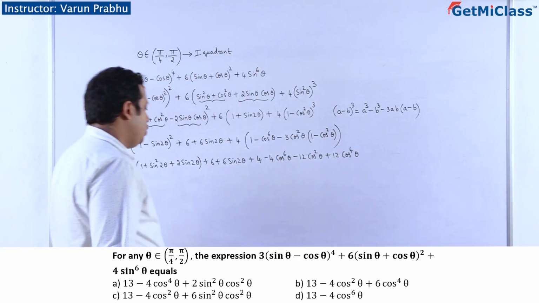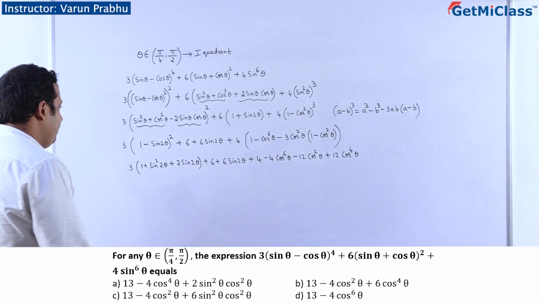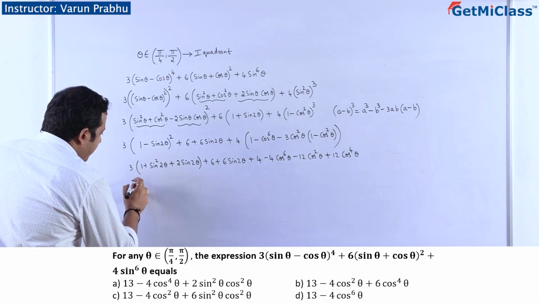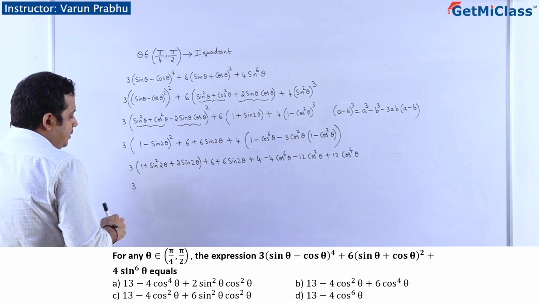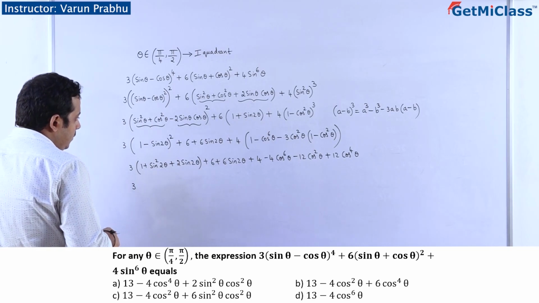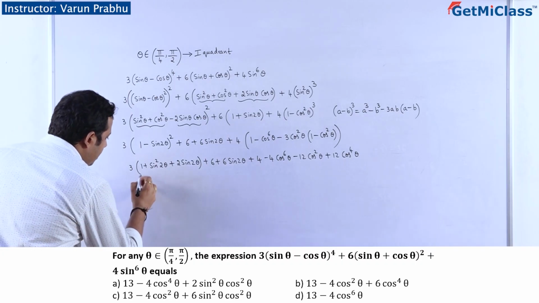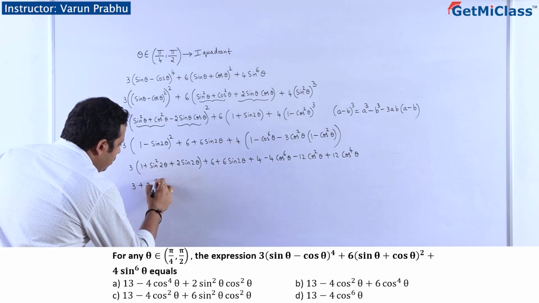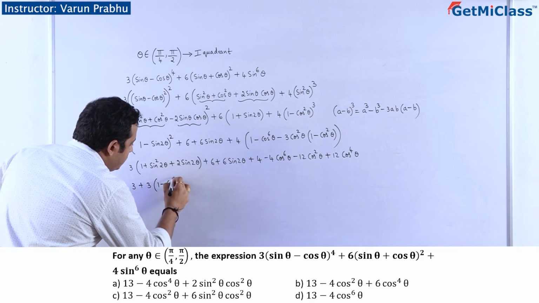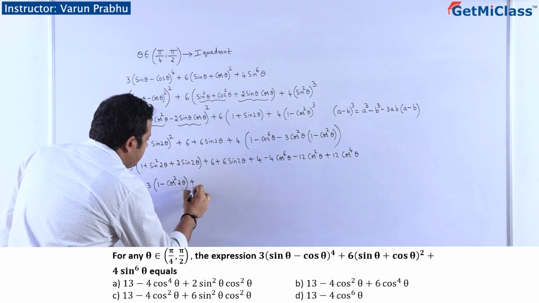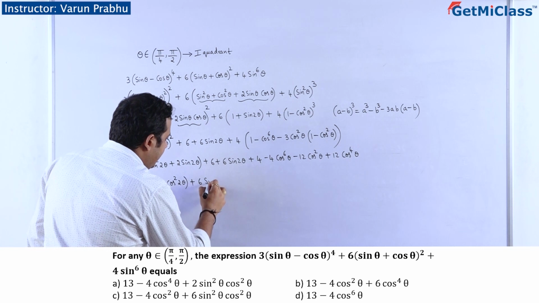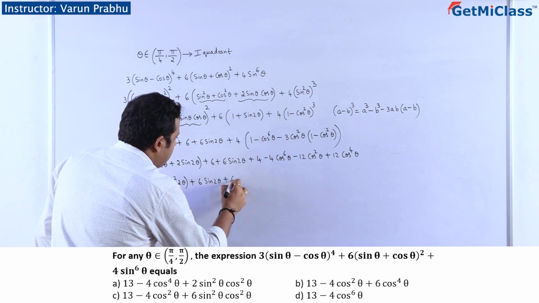Is it okay? So we will be left with 3 plus 3 sin squared 2 theta, which can be written as 1 minus cos squared 2 theta, plus 6 sin 2 theta plus 6.